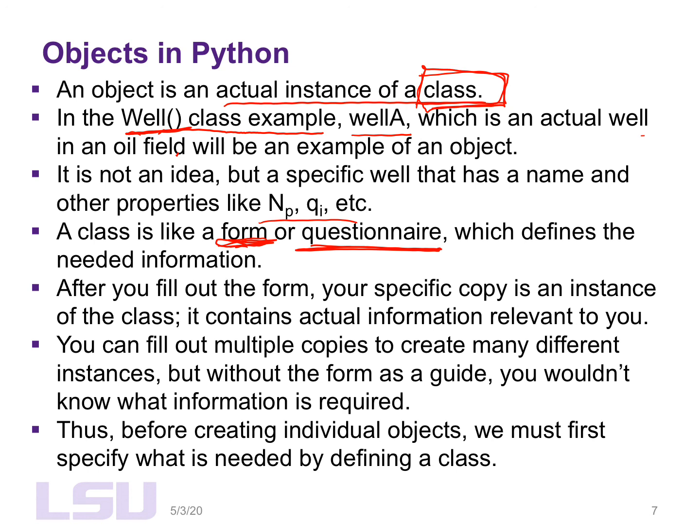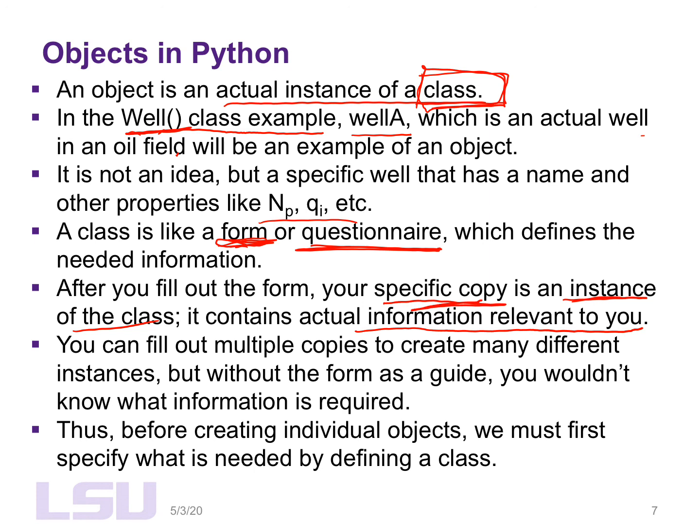The form itself doesn't correspond to any specific student, but when it's filled, each of the filled forms corresponds to a particular student. So the specific copy for each student can be seen like an instance of the class, and it contains information relevant to the student who fills that form.